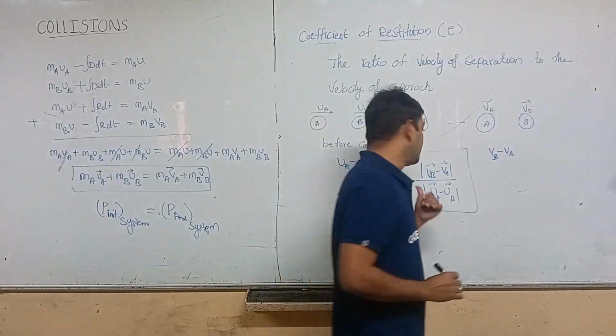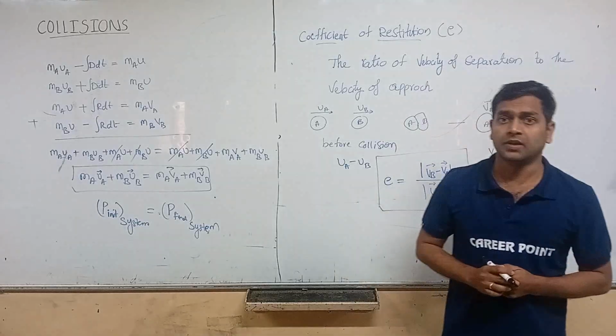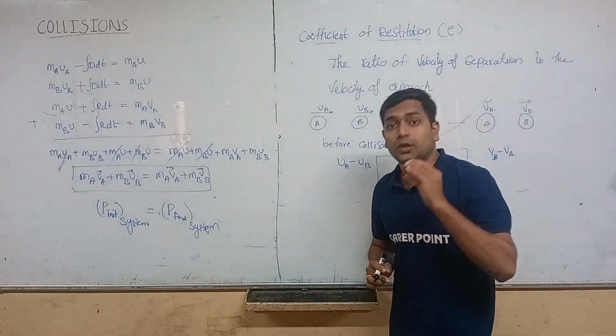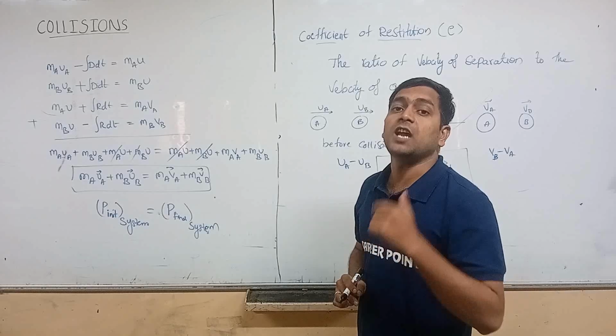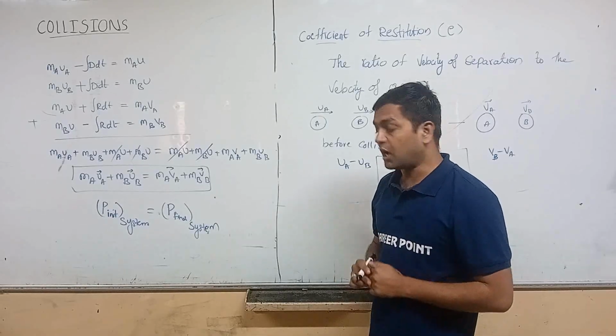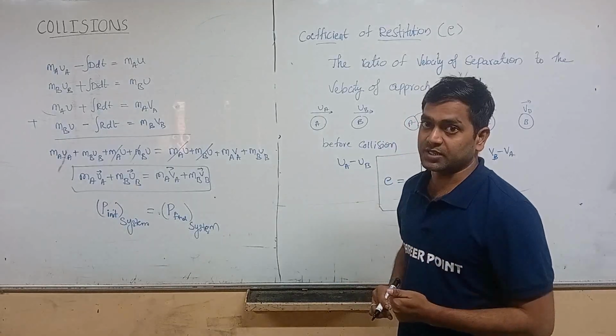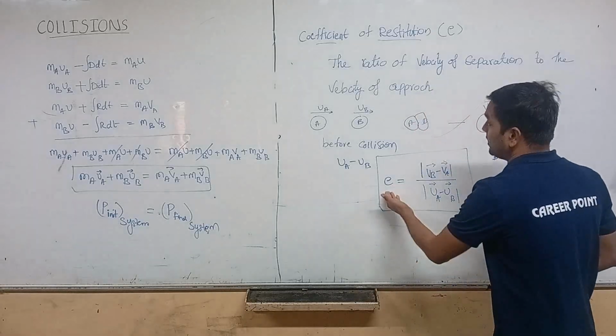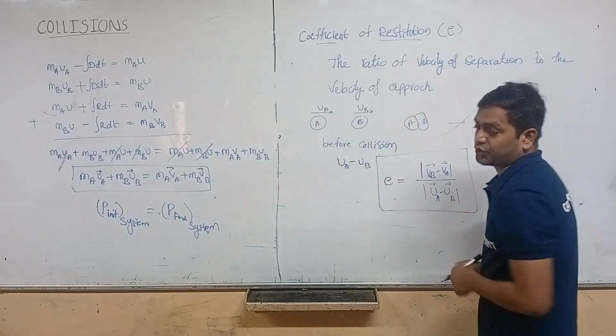So why should we take this E? Because it identifies the types of collisions. Now we'll see the types of collisions by using E, the coefficient of restitution.